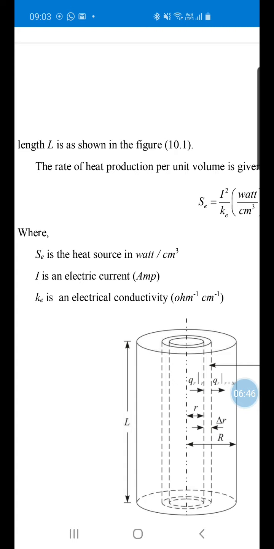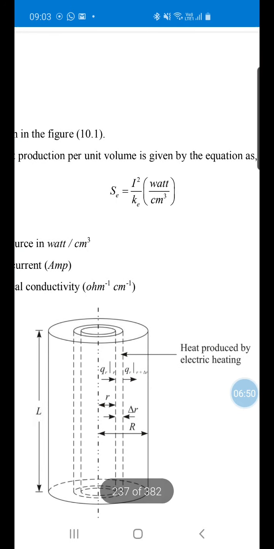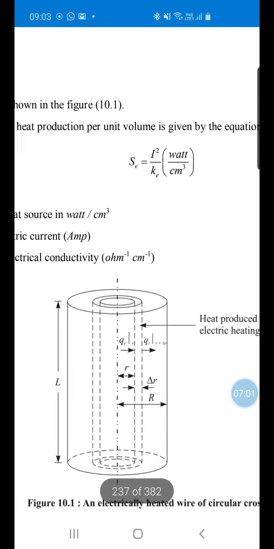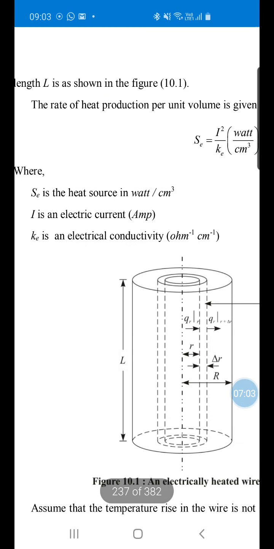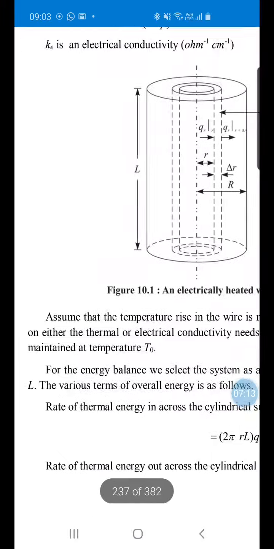Before that, we'll find out the rate of heat production per unit volume. This equation gives you the rate of heat production in watt per cubic centimeter. So Se, the rate of heat production per unit volume, is equal to I square by Ke. Se is the heat source in watt per centimeter cube, I is the electric current in ampere, and Ke is the electric conductivity in ohm inverse centimeter inverse.